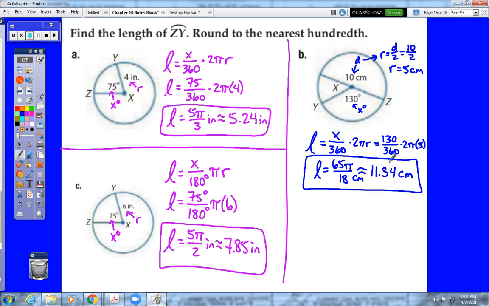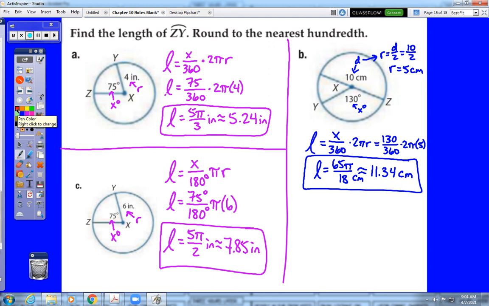Okay, now if we used the equation from last unit instead, x over 180 times pi times r, we're going to find out that we get exactly the same answer. It does not matter which version of the arc length equation you decide to use. So 130 over 180 times pi times 5.